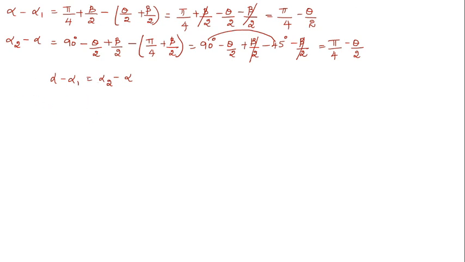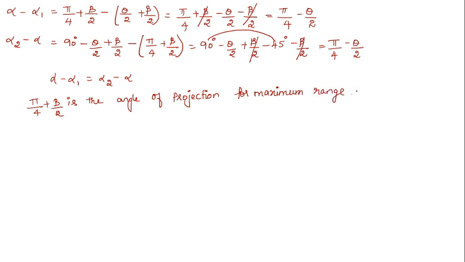So the conditions I am writing, this pi by 4 plus beta by 2 is the angle of projection for maximum range, right? So we can say this alpha 1 and alpha 2 are the two possible directions for the given range.